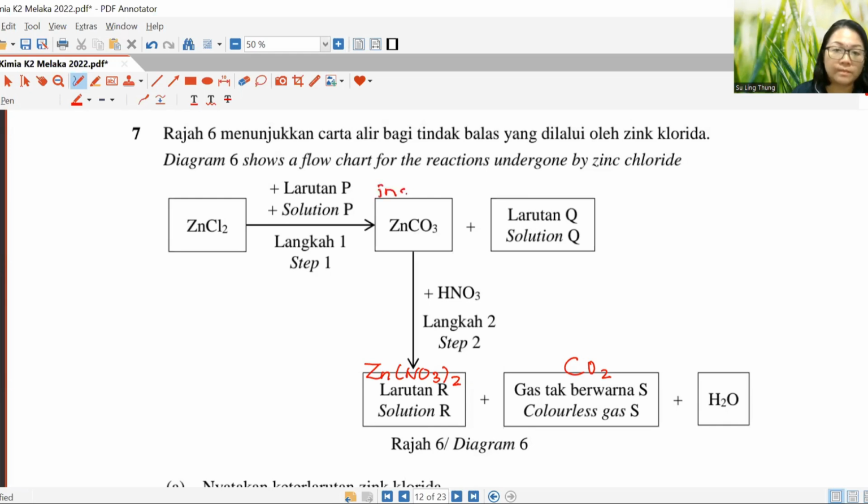When you have an insoluble salt produced with a solution, normally the other one will be a soluble salt.